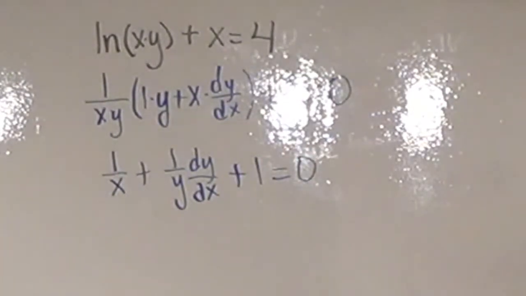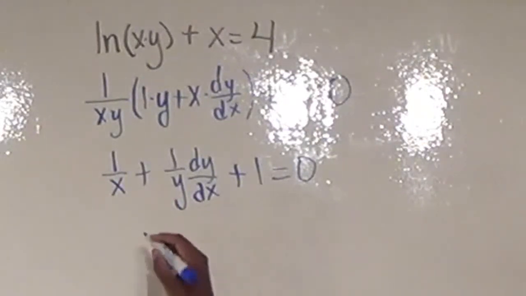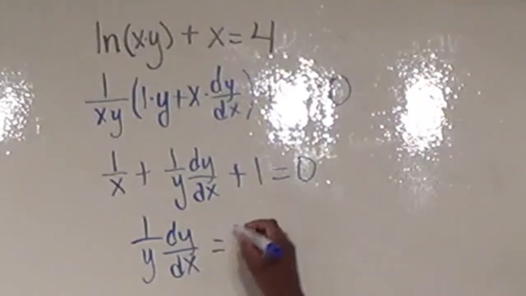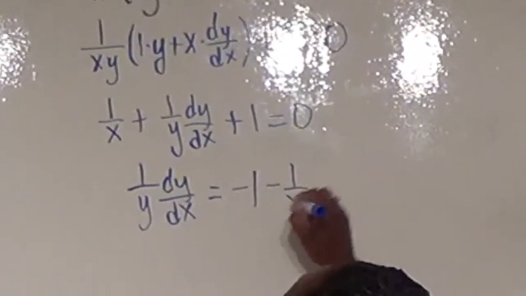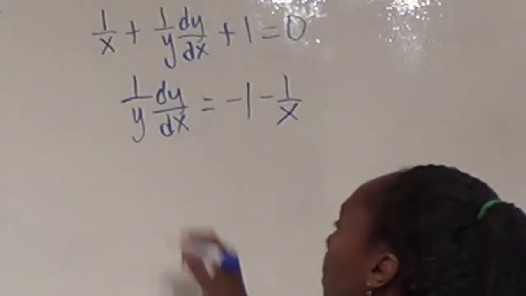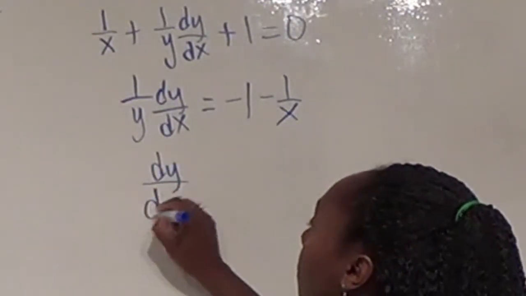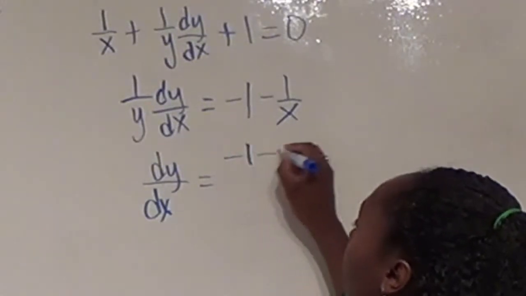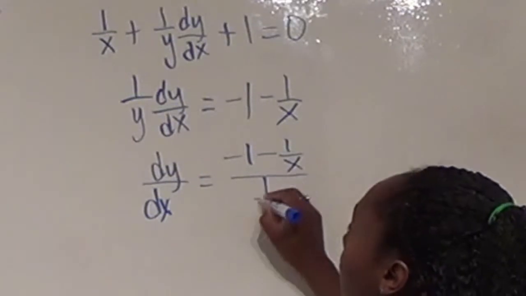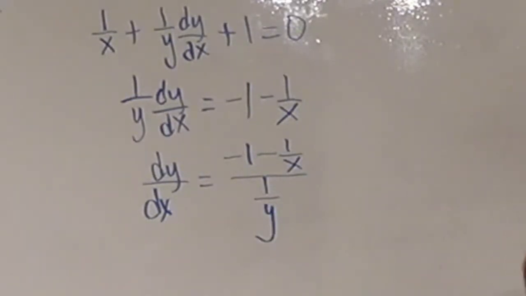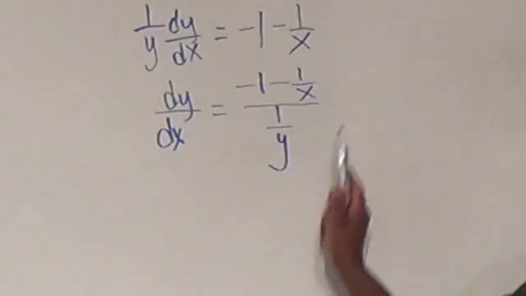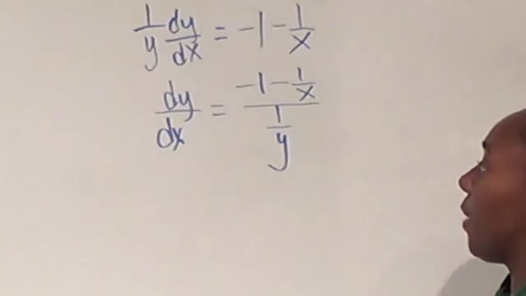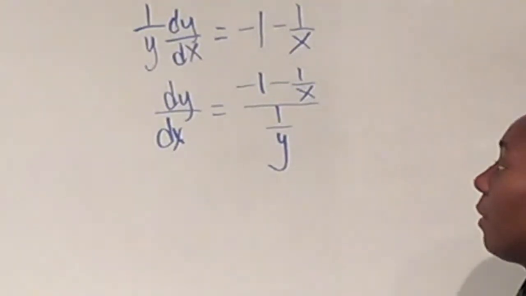Now we can move things around. So I can move the other terms to the other side. And divide out by my 1 over y. Okay. Again, always simplify, so we're not quite done. In this case, I've got some complex fractions in here, so I need to go ahead and simplify those.